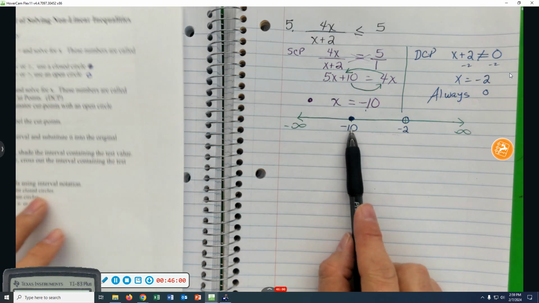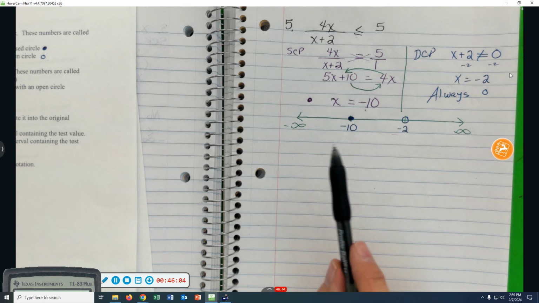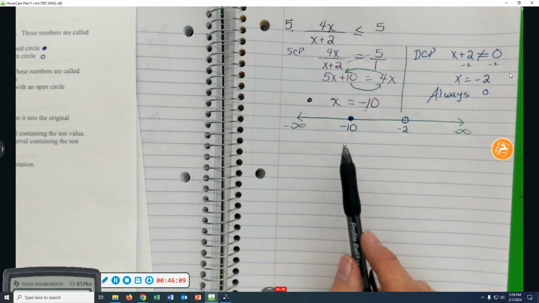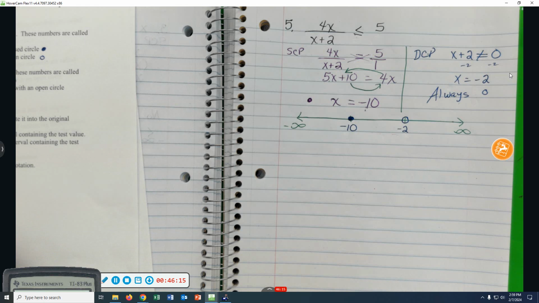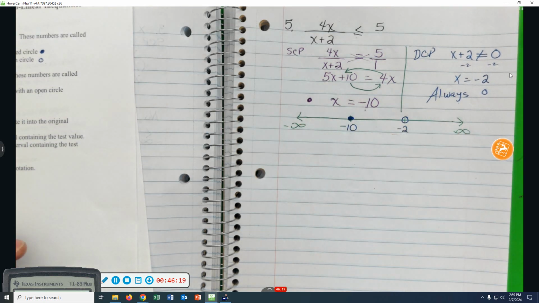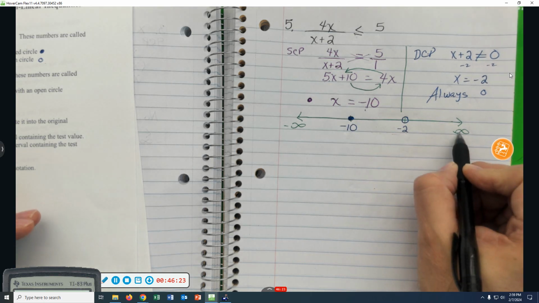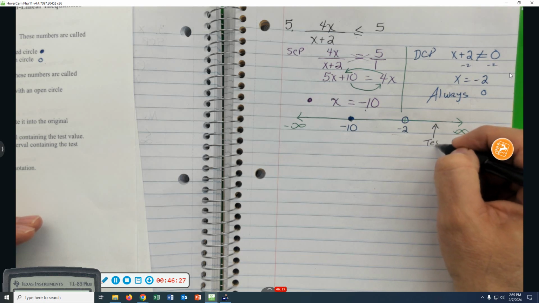As long as 0 isn't a cut point, you can test with that. If there's a rare time when 0 is a cut point, then I'd probably use 1. But for this one, could I test 0? And if so, where does 0 lie? The first interval, the second, or the third? The third. 0 is always between a negative and a positive. So this is where 0 is.